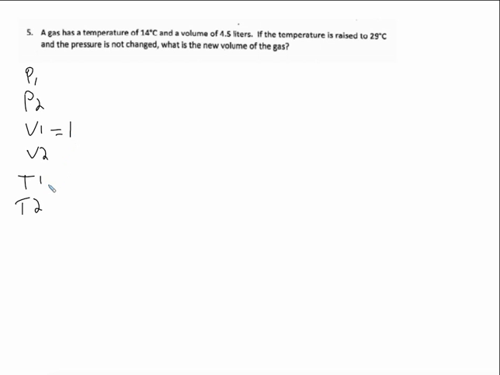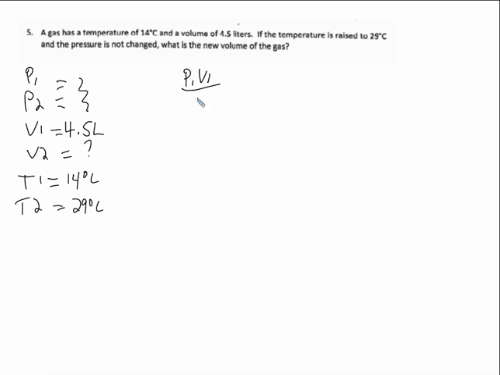A gas at the temperature of 14 degrees Celsius, and a volume of 4.5 liters. If the temperature is raised to 29 degrees Celsius, and the pressure is not changed, well, if the pressure is not changed, then we just don't need to worry about it. And so what's the new volume?